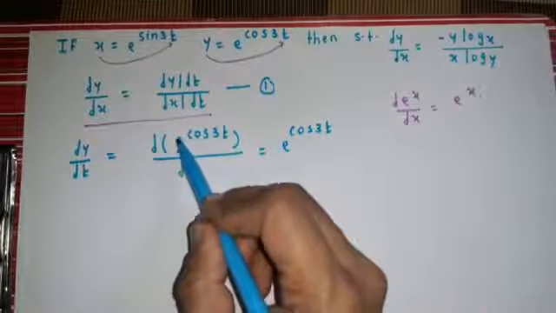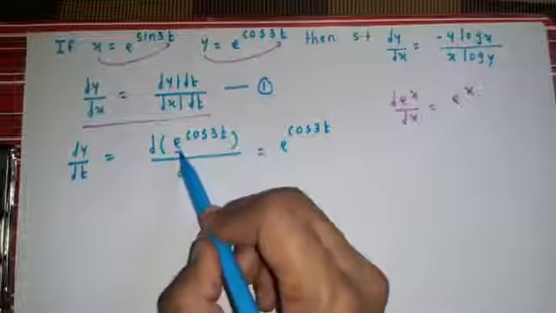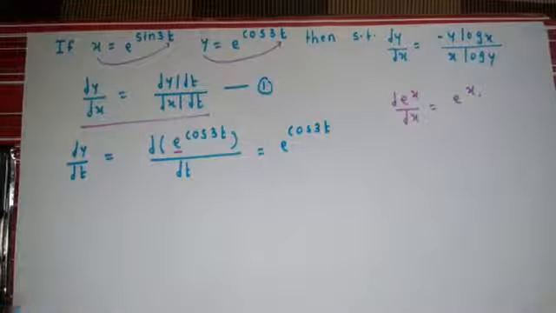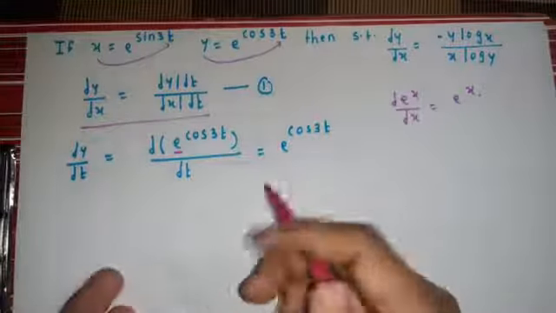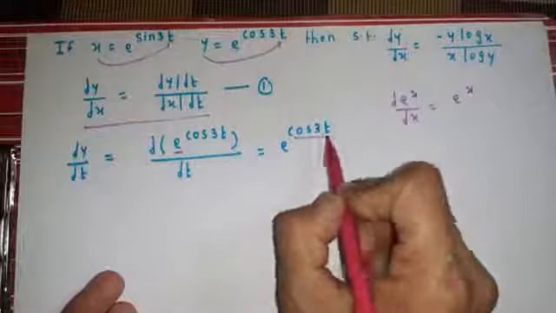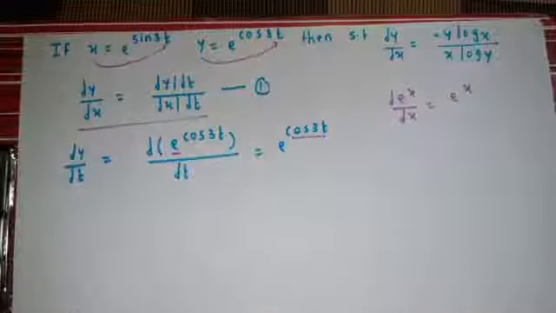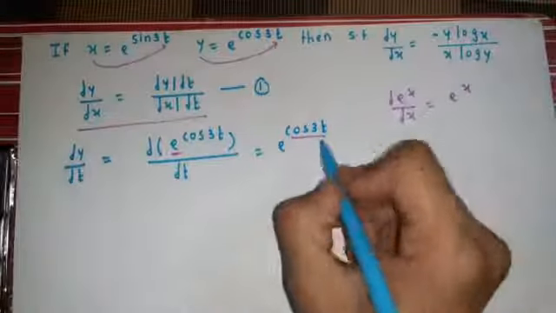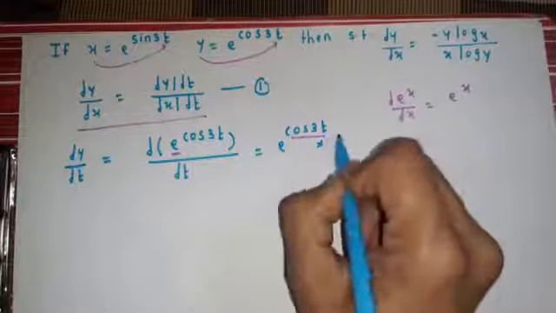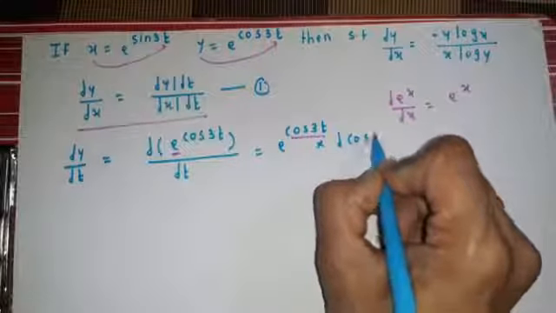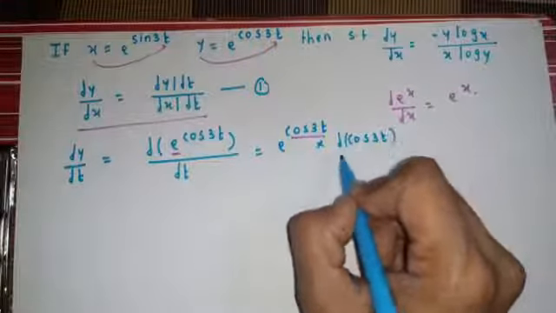Now according to the exponential rule we have differentiated, but here the exponential function is a function of cos of 3t, which is again differentiable. Therefore again differentiate, that is, differentiation of cos of 3t with respect to t.